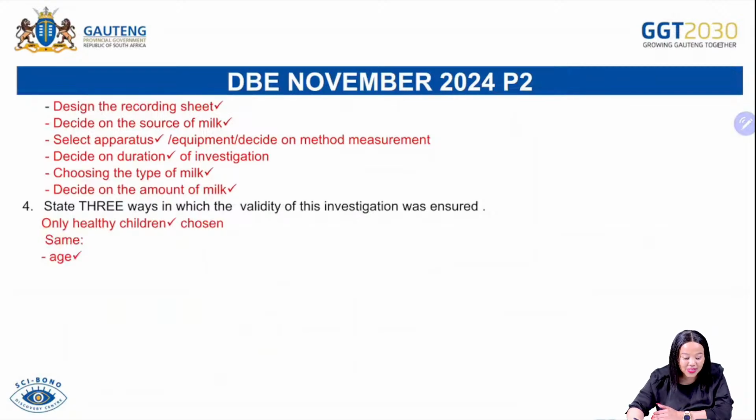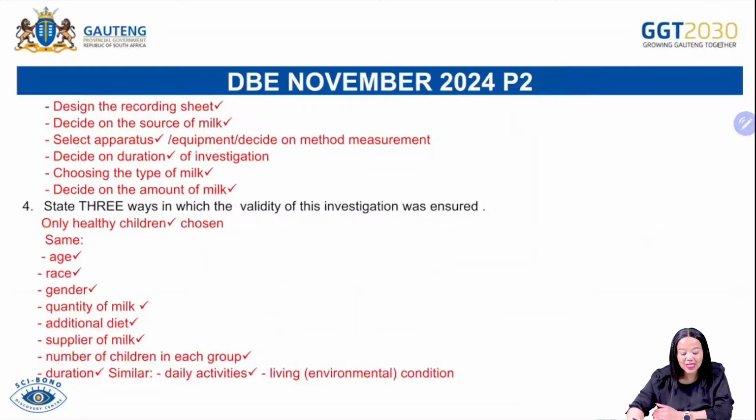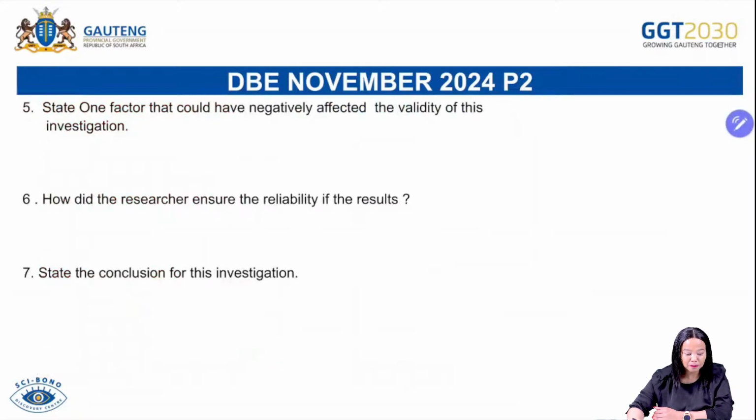So it was of the same age and also of the same gender. Then ensure that they were given the same quantity of milk and additional diet. So these are all the things that the investigator did to ensure that these results are valid.